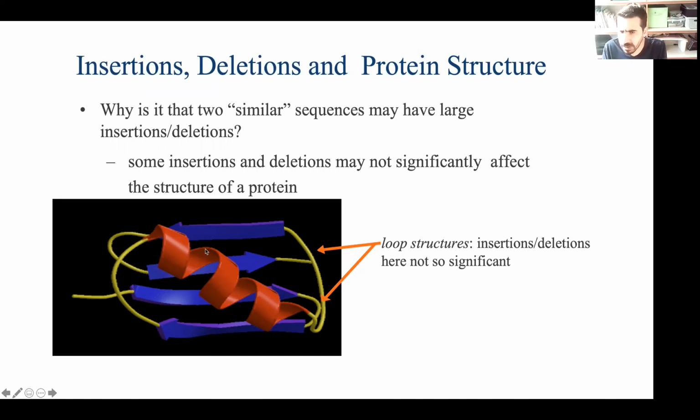But why do we have insertions and deletions? Most likely, when you see insertions and deletions, they are in the loop structures, which are not necessarily very important in protein function. So that's why they are not that significant. There are always exceptions. These are the regions where we see most of the insertions and deletions.